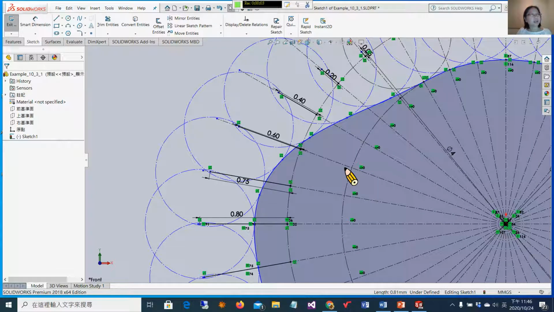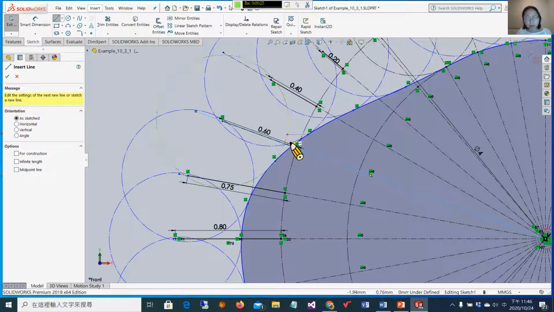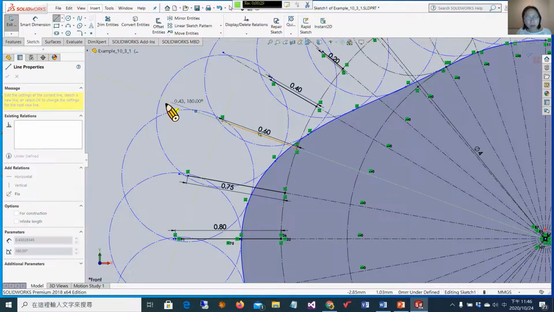Finally, we need to indicate the pressure angle. I will show you how to get the pressure angle when the cam angle is 115 degrees. I draw a line along the direction of the follower motion. This is the follower motion along this line.